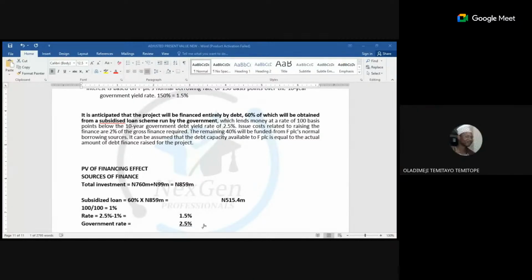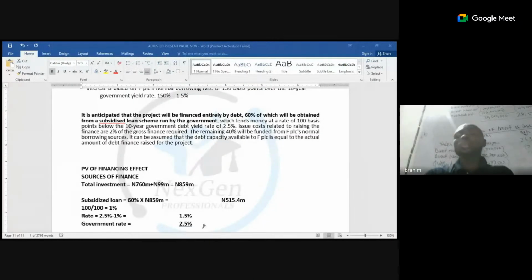That is what the government is giving to you as a subsidized rate. And don't forget that in the next paragraph, they now say which lend money at a rate of 100%. You can still get the other 1.5% by saying that if they lend below that, definitely we have 2.5. 2.5 minus 1%, we still have the same 1.5%.